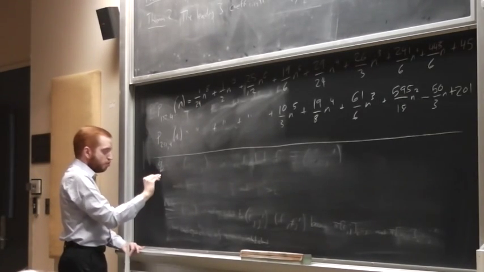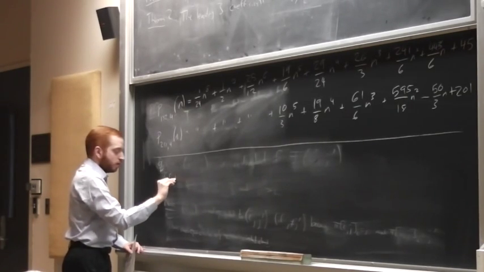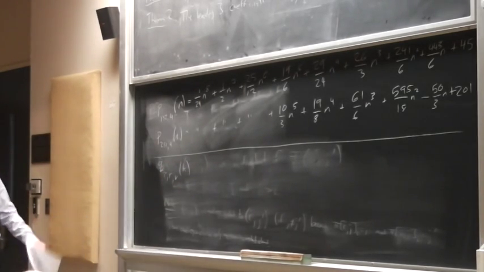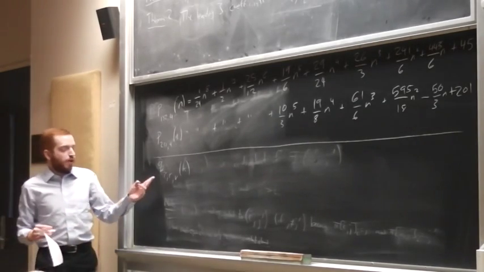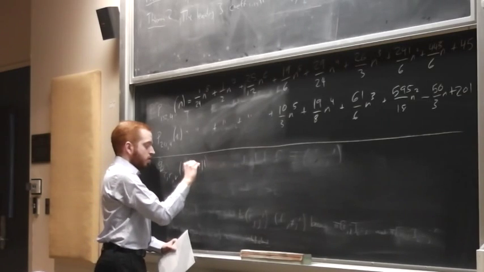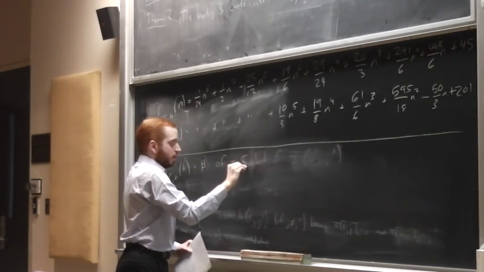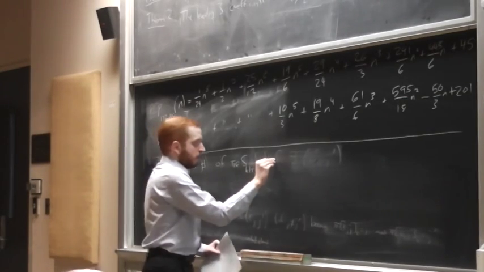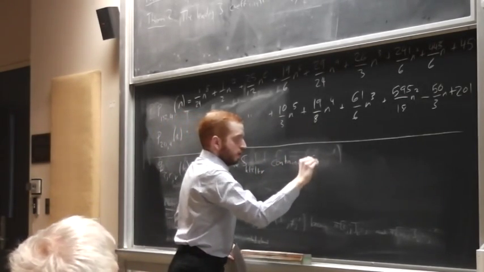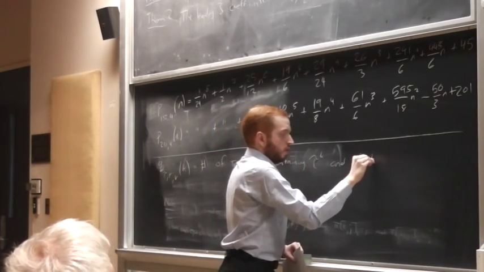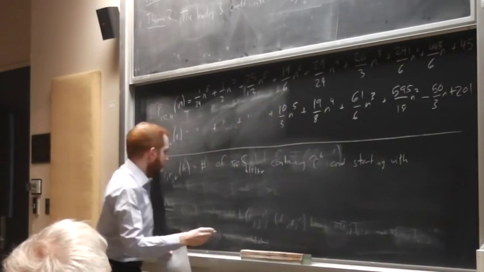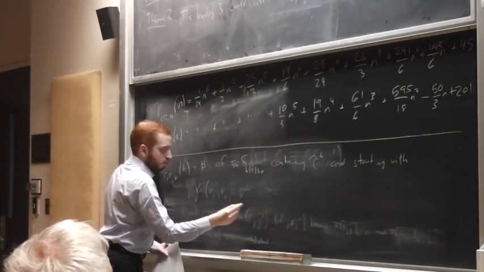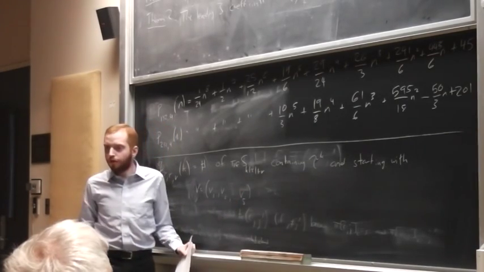I will define Q, tau, R, V of K. So I define P, tau, R of K to be the number that contain tau to the K. And I'll define Q, tau, R, V of K to be the number of I in S, where K is like tau plus R, containing tau to the K, and starting with the elements V, which is equal to V1, some number of given elements.